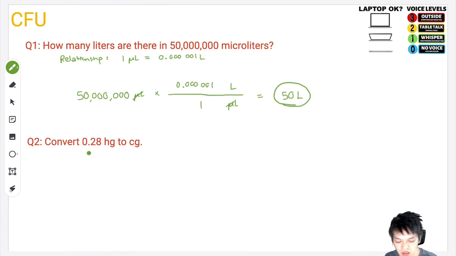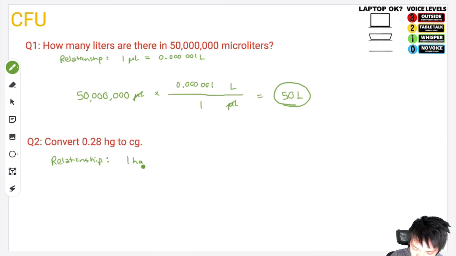Convert 0.28, what is this? Hectograms to centigrams. I'm noticing right away, hey, this has 2 prefixes, so I need 2 relationships. Hopefully you got a chance to peek at the unit prefix table. 1 hectogram is how many grams? 100 grams, I believe.